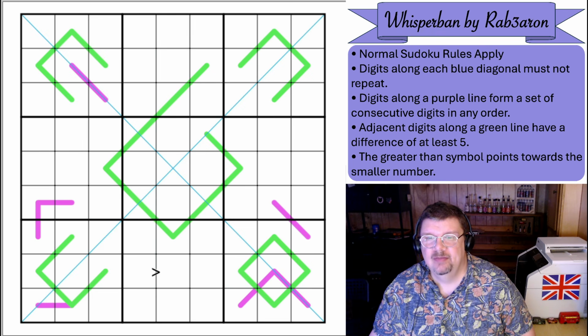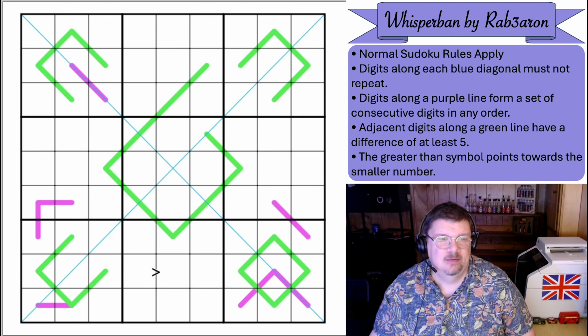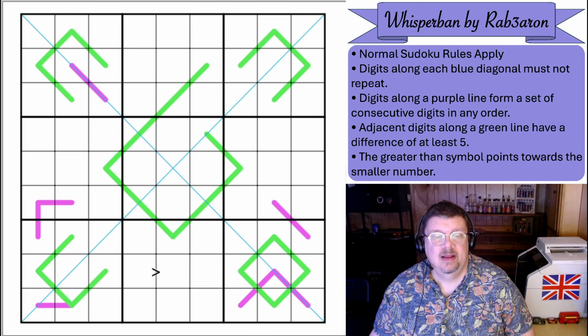So I enjoy this kind of thing. Anyway, Rab3aron is about as good as I'm probably going to get at the moment. I may have a chat with one of my Arab-speaking friends to see if I can get a better handle on it. Anyway, that is my little introduction there.